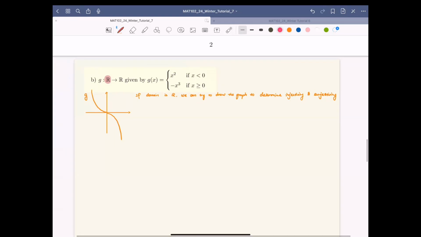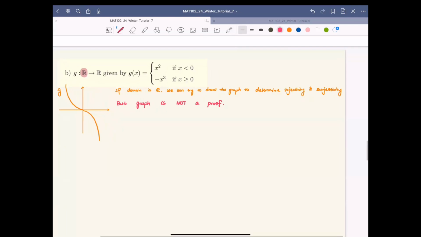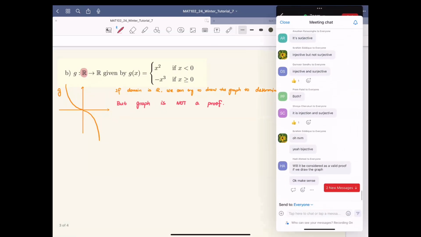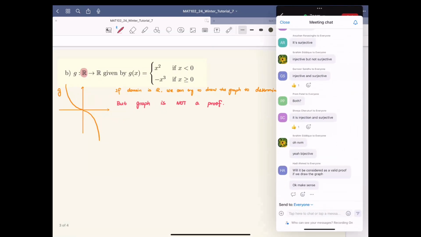But one thing I want to emphasize: the graph is not a proof. It should only help you in your rough work, but it's not how you're gonna justify your answer. I mean, you can draw it, but that's not gonna be the proof.